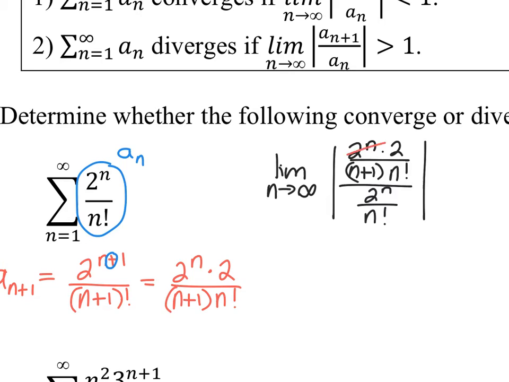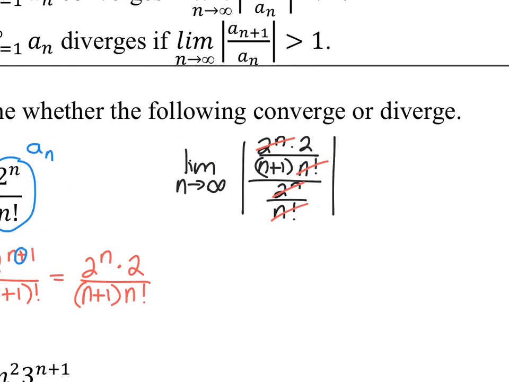2 to the nth is going to cancel. N factorial is going to cancel. Basically, everything that made this limit difficult cancels, right on down to 2 over n plus 1.